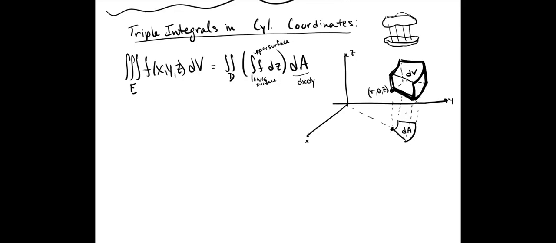We get what's between them by integrating over their footprint. That's D. Here's upper surface. Here's lower surface. We integrate over the whole region by first covering all the x, y points in the footprint, then making sure z is integrated from lower surface to upper surface. It's all the points in between.